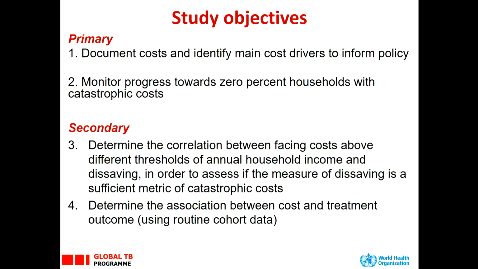By dissaving, we mean taking up a loan, borrowing, or selling assets. And if this indicator would prove good, that would simplify very much the data collection, but it's yet to be proven. The last objective is to determine the association between cost and treatment outcome, and this using routine cohort data.